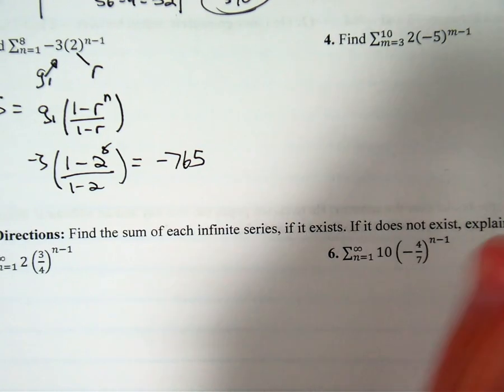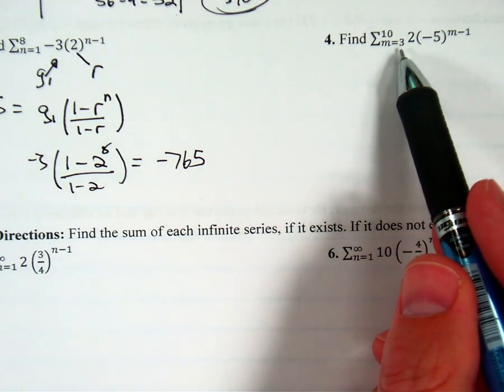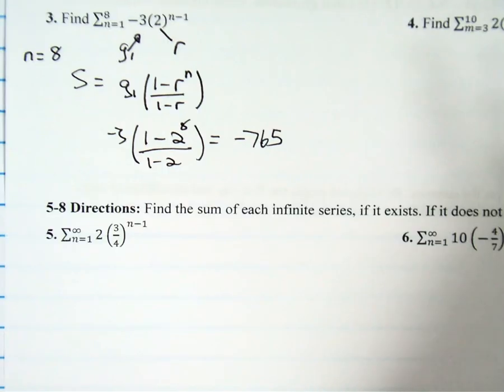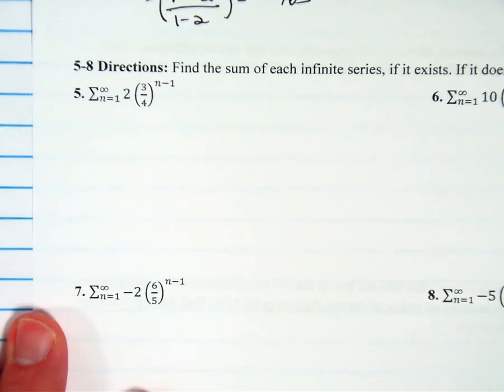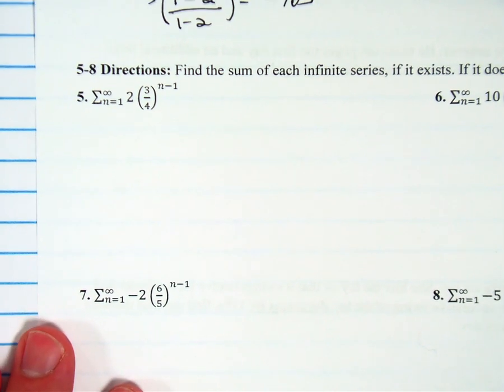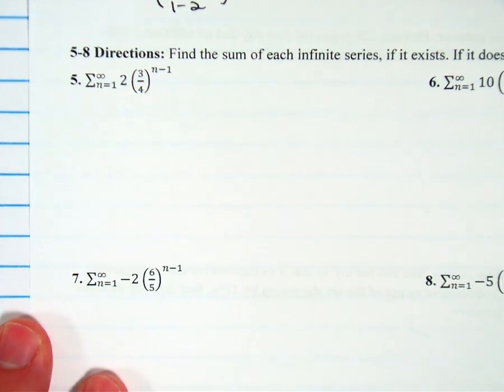Okay, number 4 over there does start with 3, so be careful when you're finding your first term. Find the sum of each infinite series if it exists. If it does not exist, explain why.